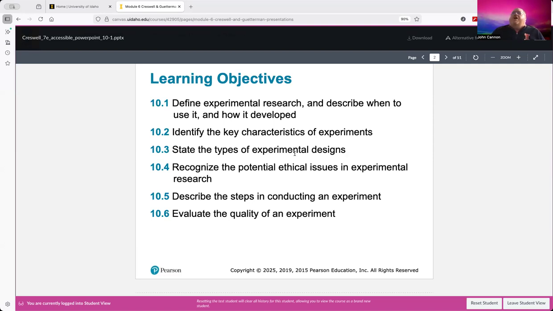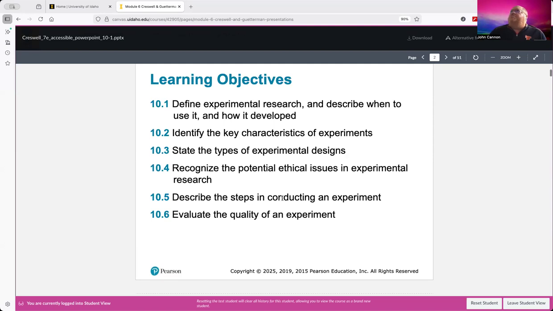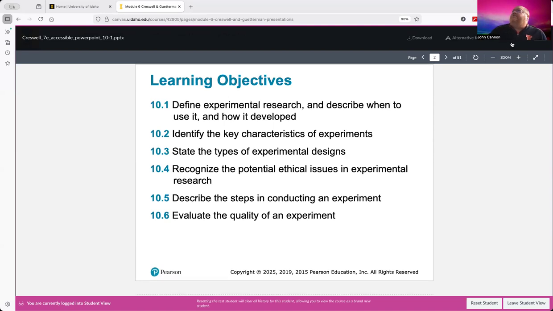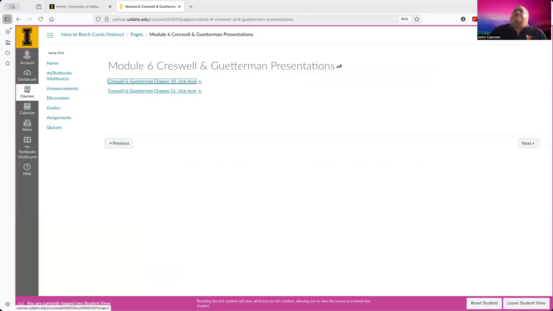And from the last module, I brought up the ethical issues when it comes to doing research on minors. The fifth learning objective is describe the steps in conducting an experiment. And then the last one, evaluate the quality of an experiment. So that is from chapter 10 on experimental designs.